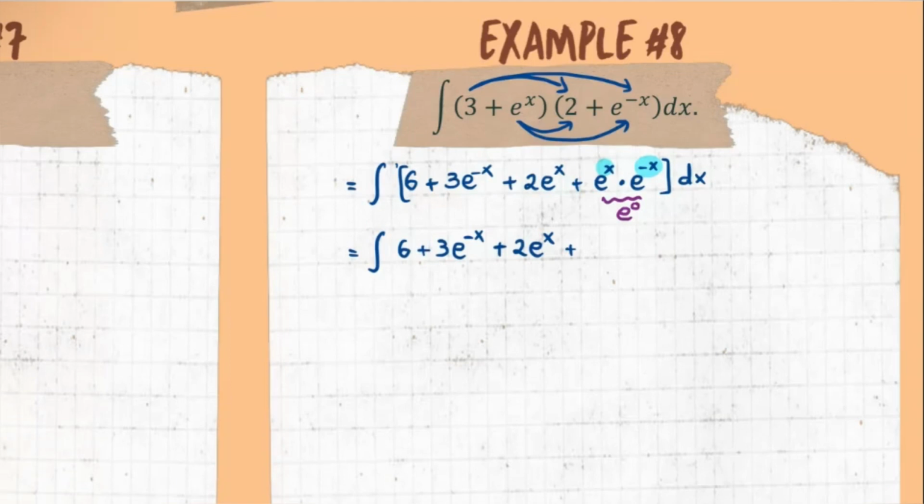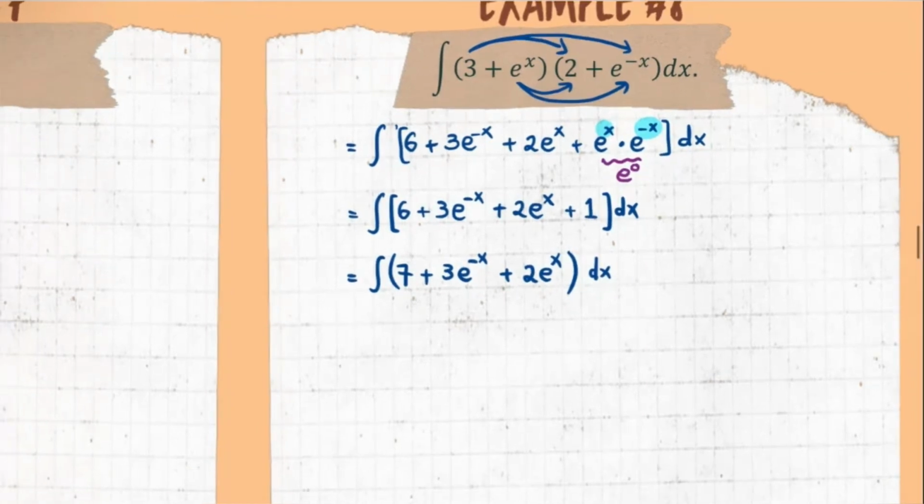E kuasa kosong bersamaan dengan apa? 1. Okay, so dapatlah 1 sebenarnya. So ini saya dah simplify. Lepas tu gabungkan dia lagi, dapatlah 7 plus 3e of negative x plus 2e of x dx. Okay, now barulah kita.